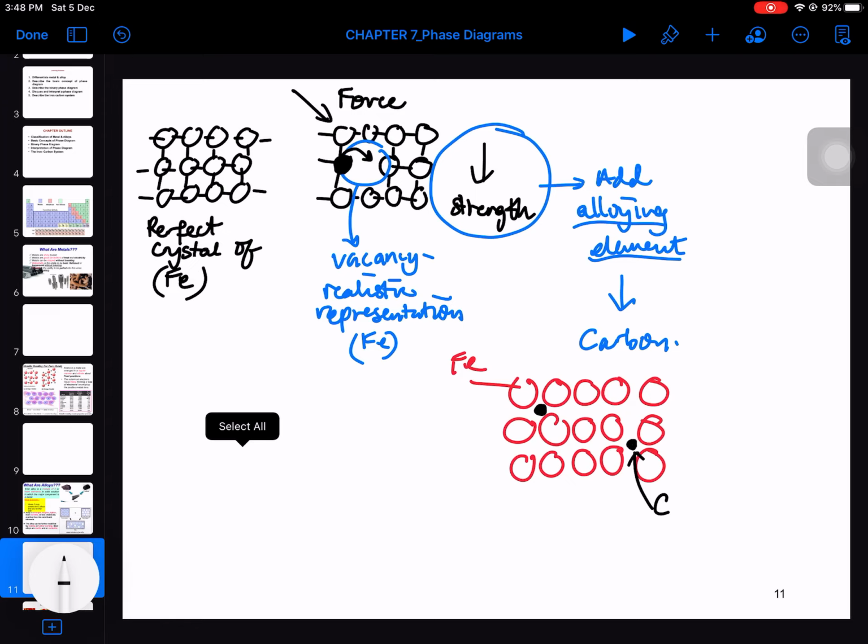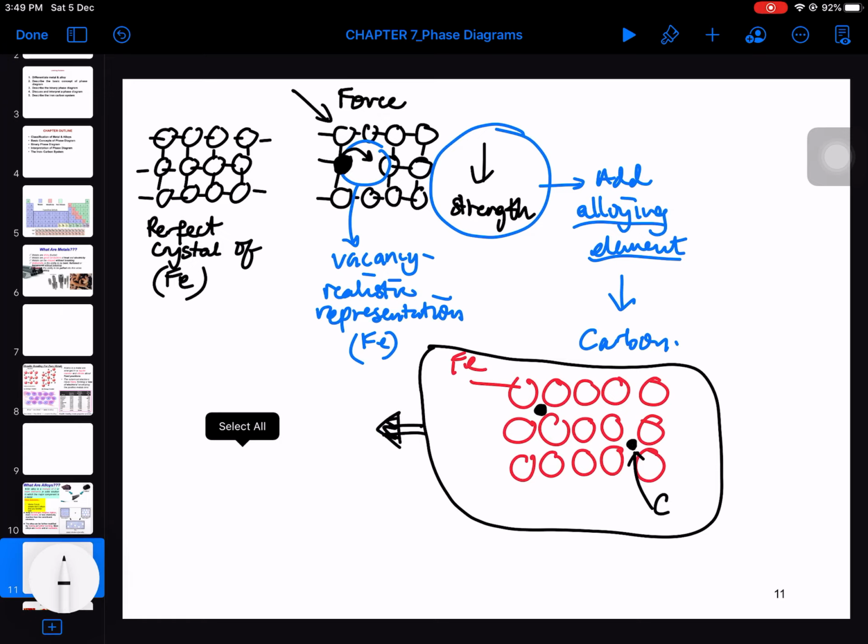Again, if you look at this phenomenon of carbon in iron, this is also another representation of imperfection in solids. Because at this point, carbon is actually an impurity within the iron atoms.